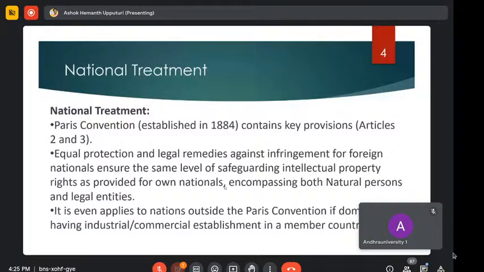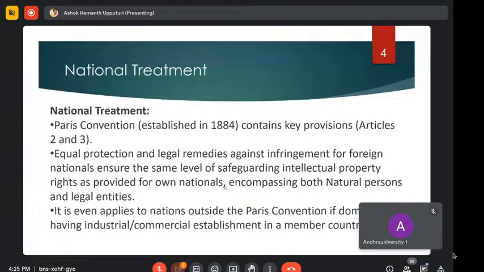For example, in India there are so many foreigners. For them also, we are giving the same legal rights if they file a patent here, not only patent, any intellectual property, and we will give the same legal remedy as for own nations.